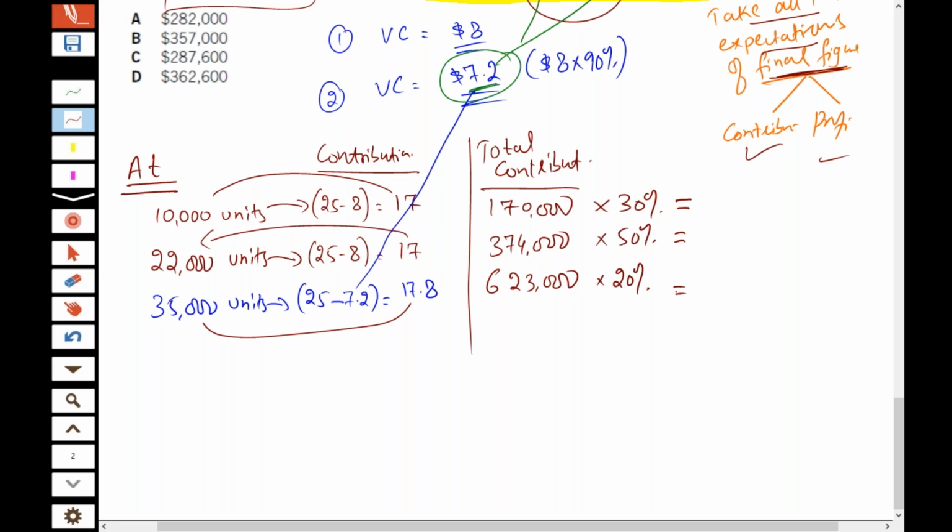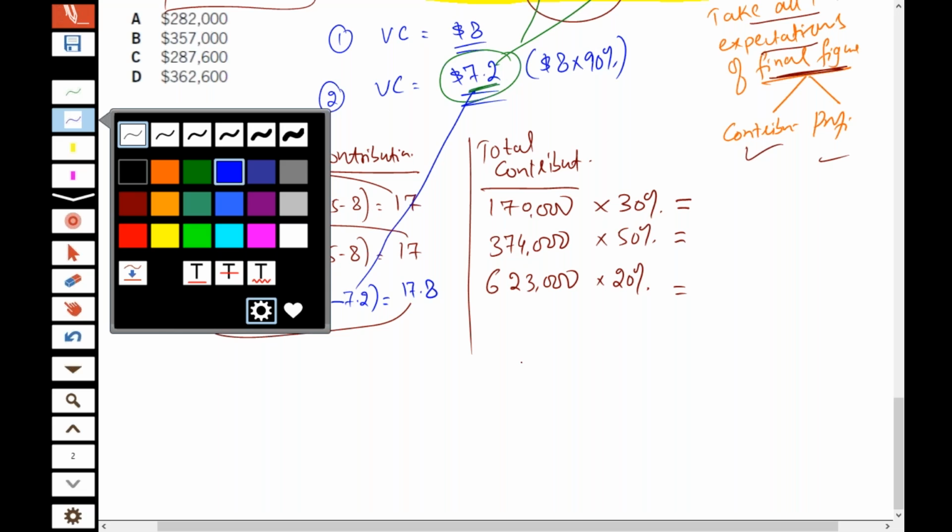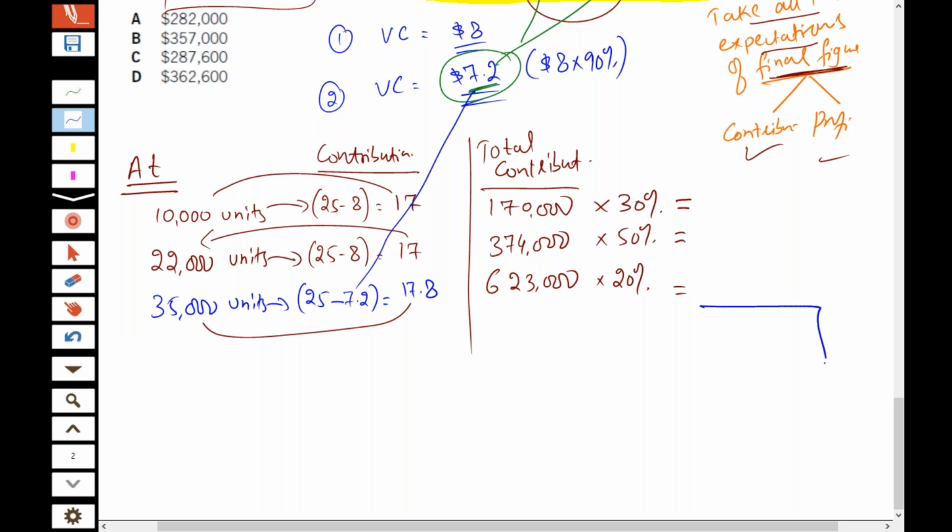This will be my expected values, based on my expected percentages.